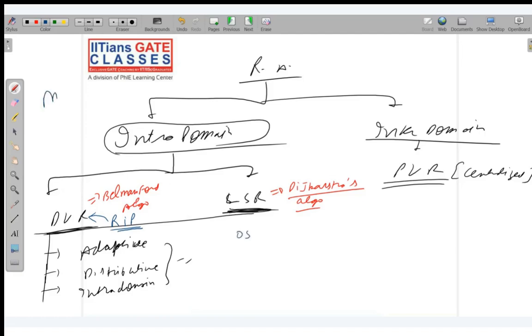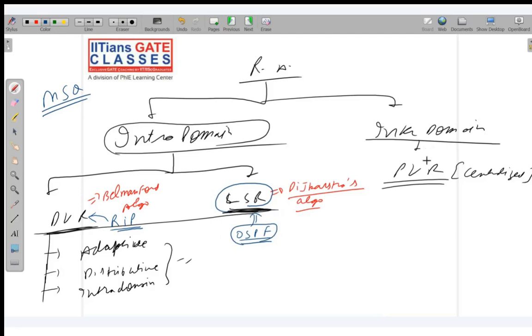I am telling you all the MSQ, multi-select questions. OSPF is open shortest path first, based on LSR, link state routing. Link state routing is an approach, and this approach is used in the protocol open shortest path first.